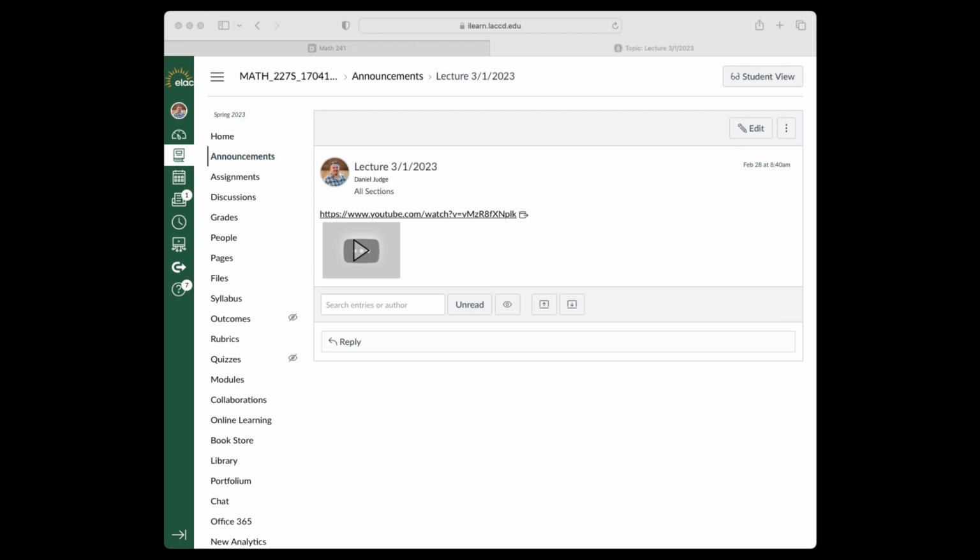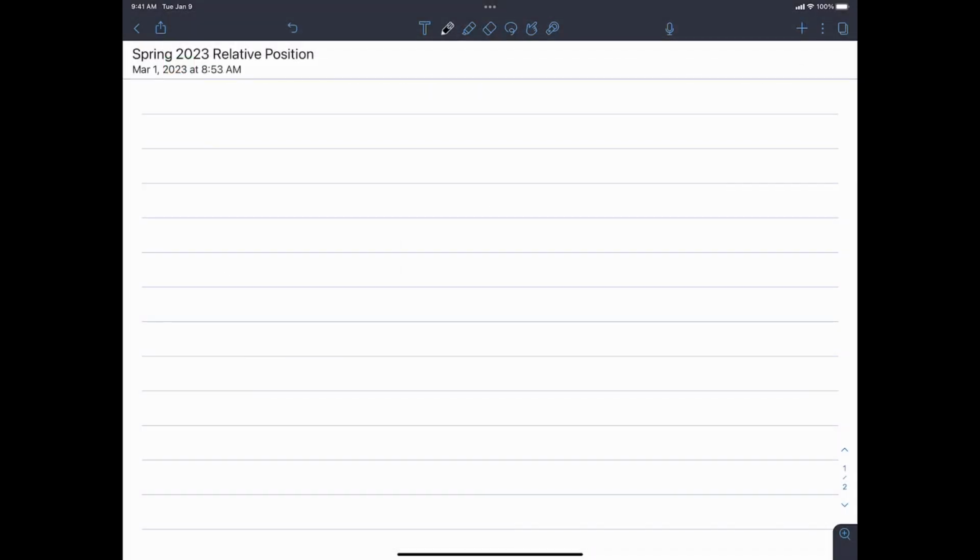What does that mean? It's essentially, where are you in relation to everyone else? Position related to others.